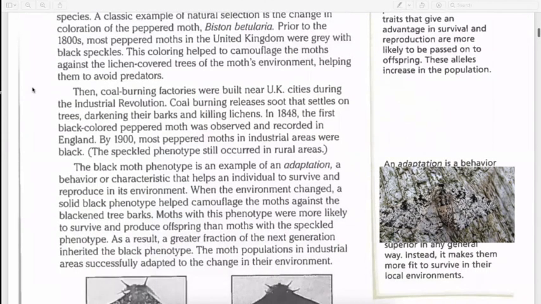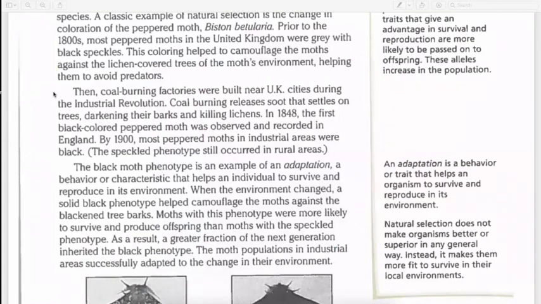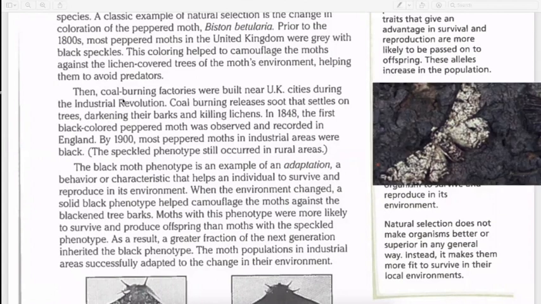Then coal burning factories were built near the UK cities during the Industrial Revolution. Coal burning releases soot, a black powder that settles on the trees, darkening the bark and killing the lichens. So no more lichen, darker bark. So these lighter colored moths no longer blended in. They stood out.